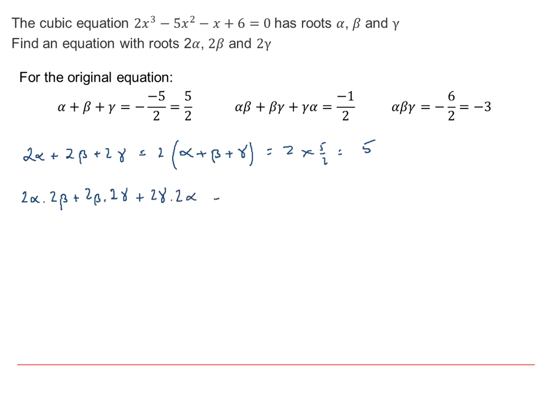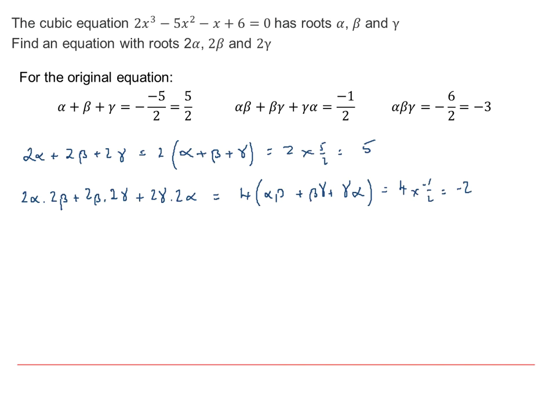So this time you'll see we've got 4 times alpha beta plus beta gamma plus gamma alpha. So it's 4 multiplied by -1/2, which is -2.